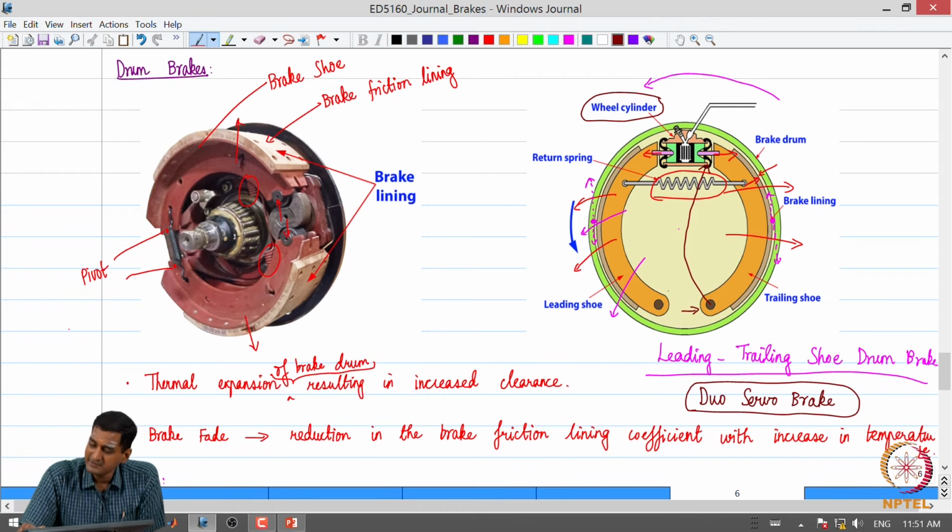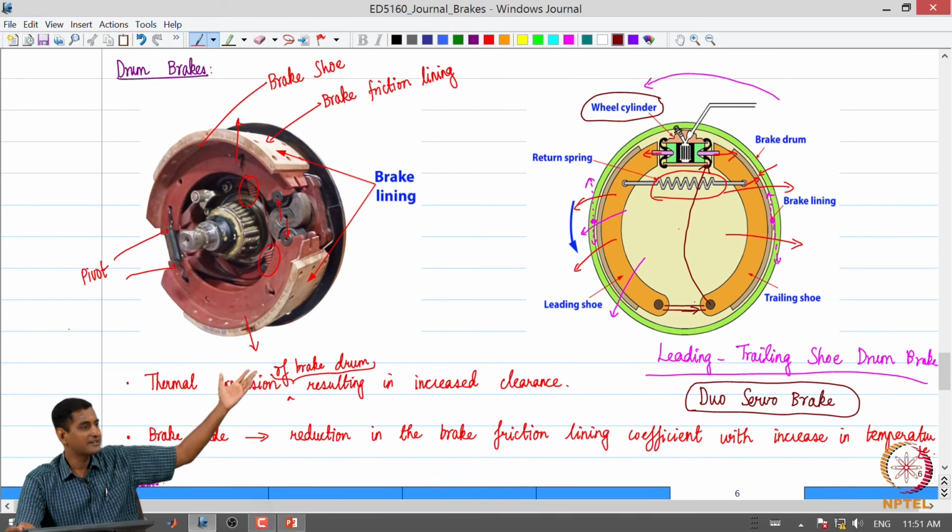Typically, in most drum brakes today, there is an adjustment mechanism which connects the two shoes. What is a self adjusting mechanism? If there is wear and tear of the brake shoe, it just adjusts the initial positions of the shoes themselves, so that the travel of the shoes is not increased tremendously.